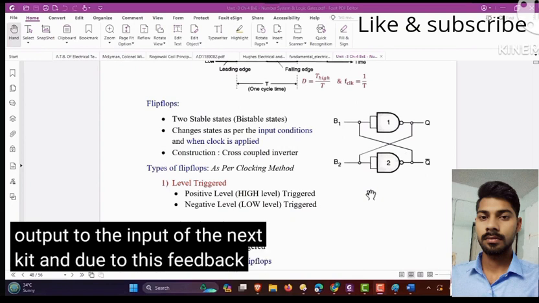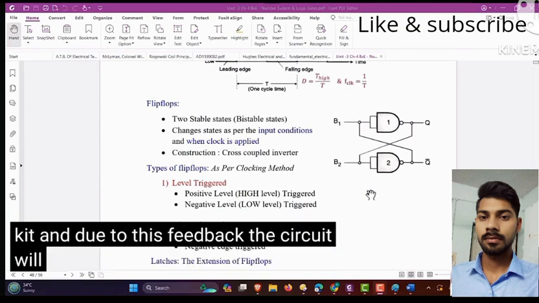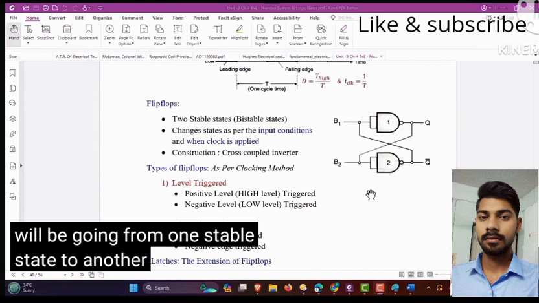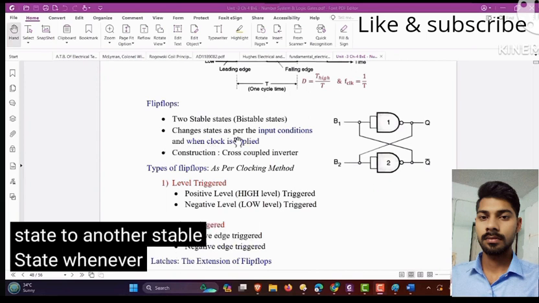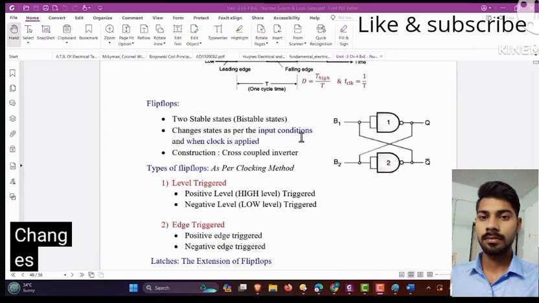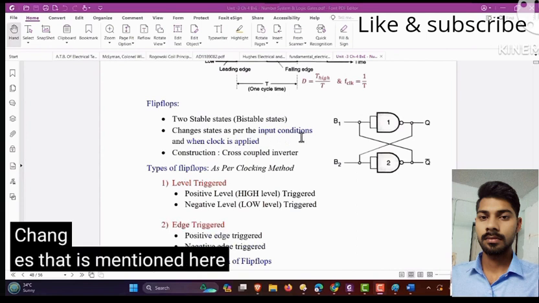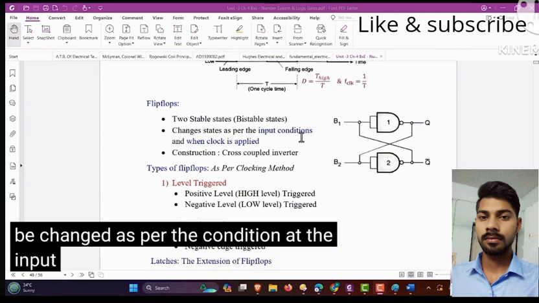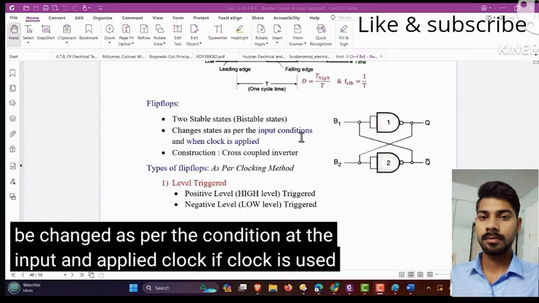And due to this feedback, the circuit will be going from one stable state to another stable state whenever the input combination changes. That is mentioned here. The state will be changed as per the condition at the input and applied clock, if clock is used.